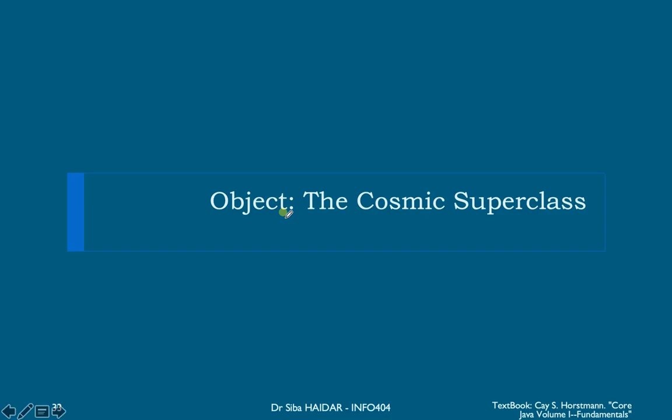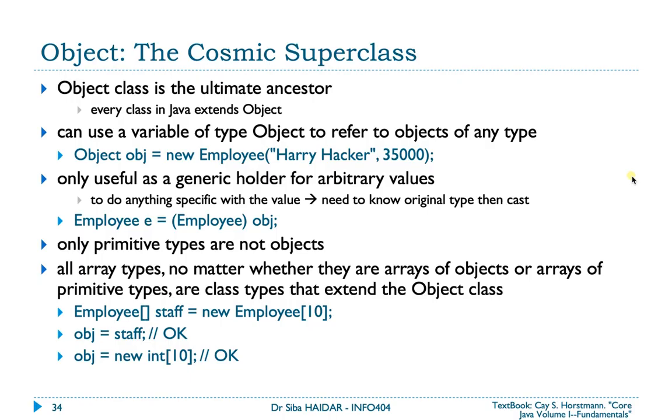So let's now explain some special features about Object, the Cosmic Superclass. So the next title is Object, the Cosmic Superclass. Here we read that Object is the class that is the ultimate ancestor.